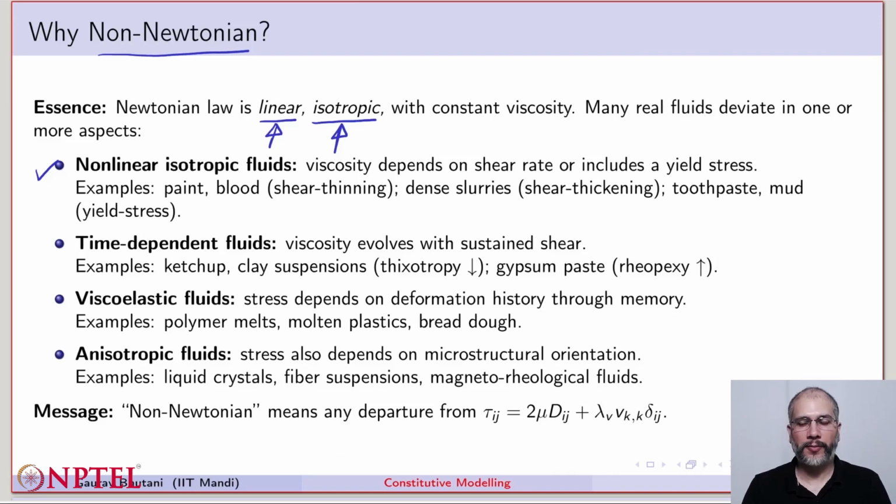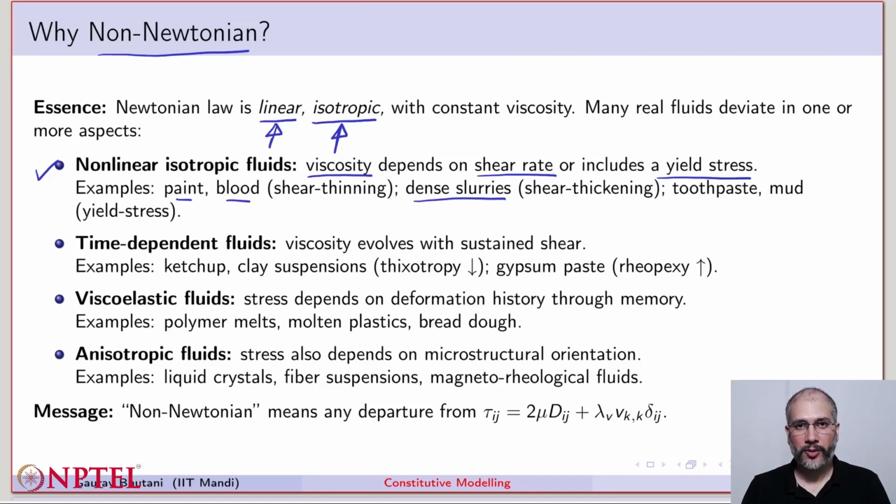So that is the coefficients, in this case viscosity coefficients, they depend on the shear rate or the strain rate, or they include something called a yield stress, and we'll talk about this soon.